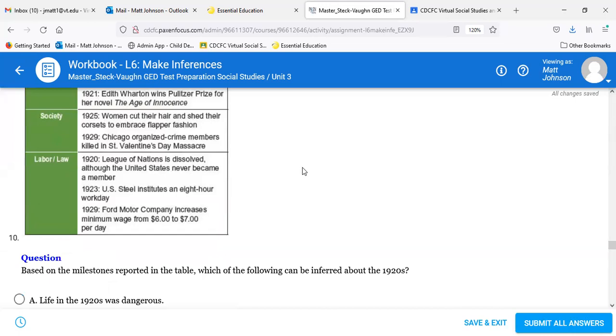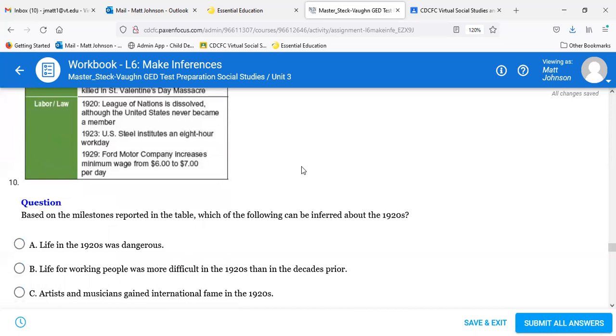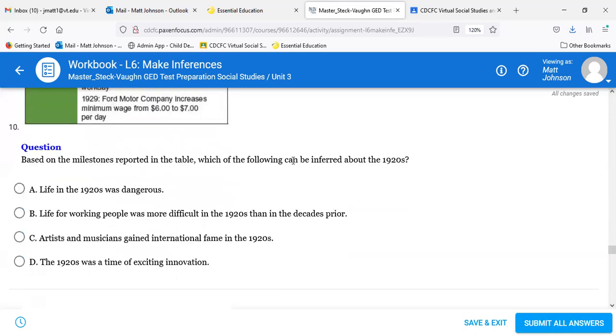So Etta, could you read number 10 for us? Okay, it says, oh shoot, my thing went down too far. Hold on. Based on the milestones reported in the table, which of the following can be inferred about the 1920s? A, life in the 1920s was dangerous. B, life for working people was more difficult in the 1920s than in the decades prior. C, artists and musicians gained international fame in the 1920s.